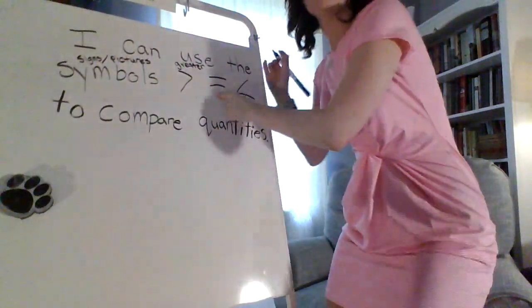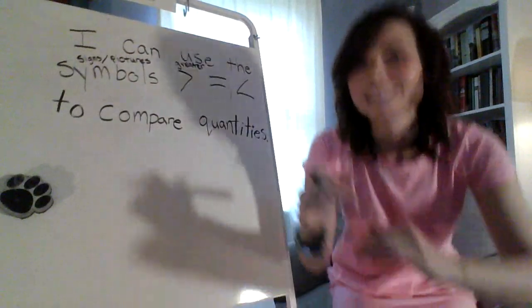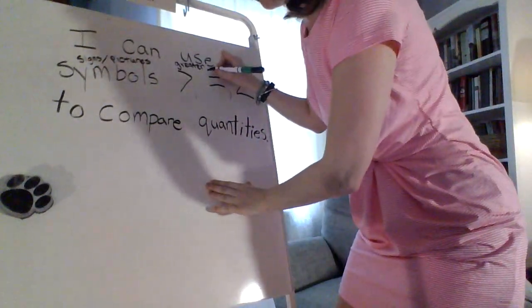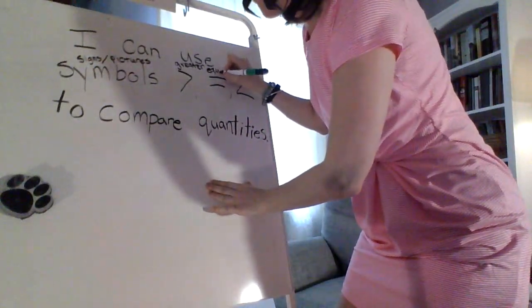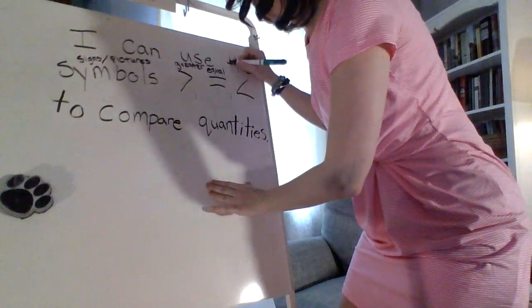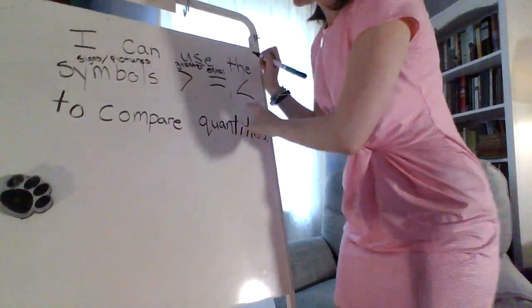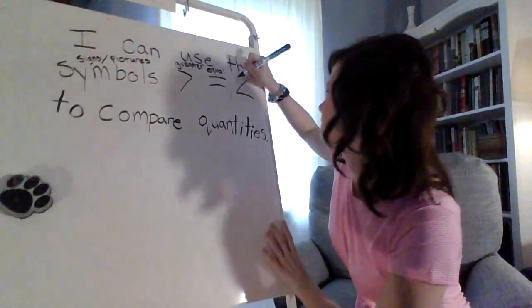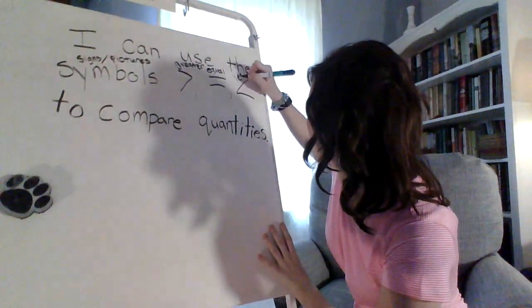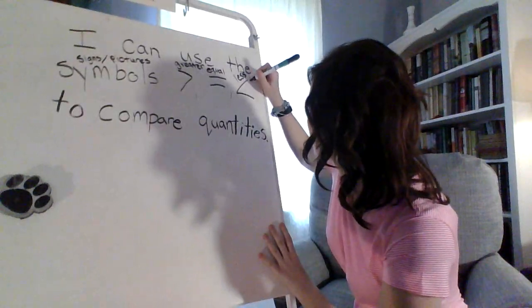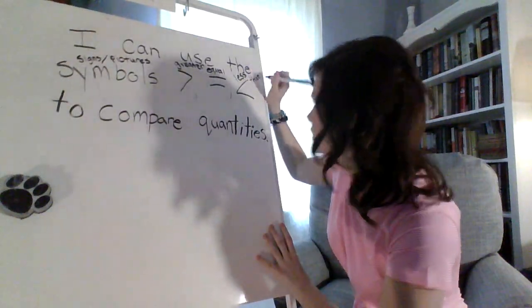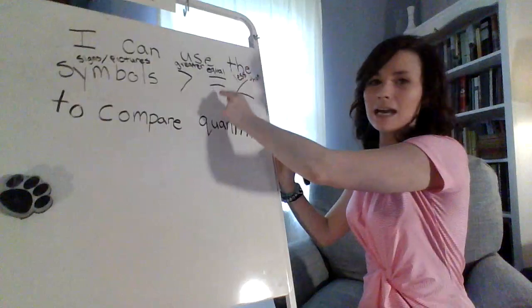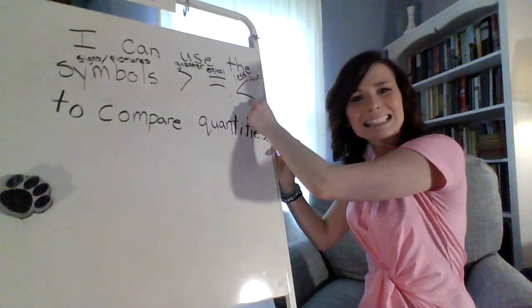This one is our equal sign. And this one is our less than. So we have greater than, equal to, less than.